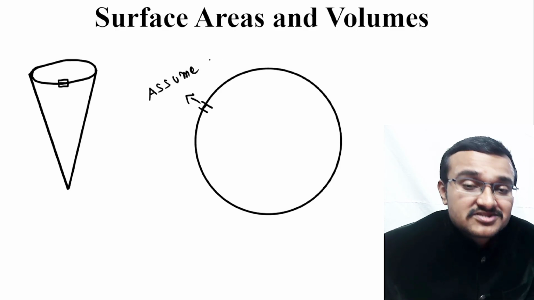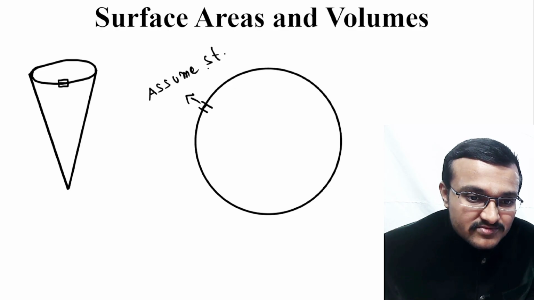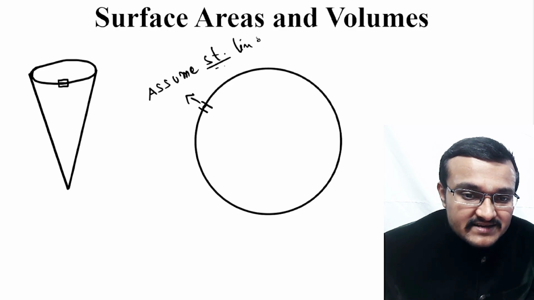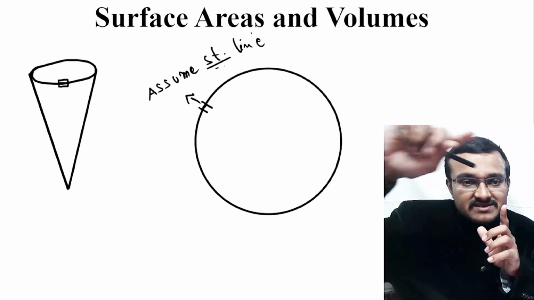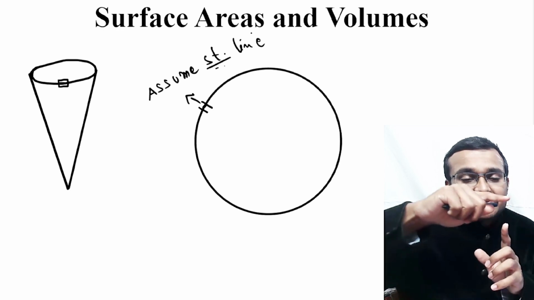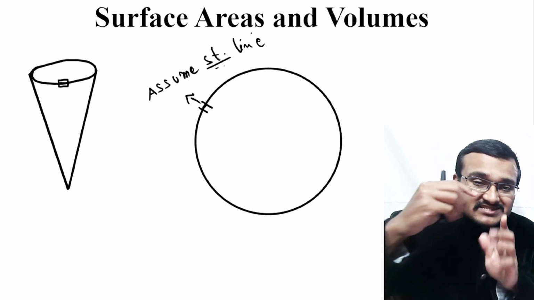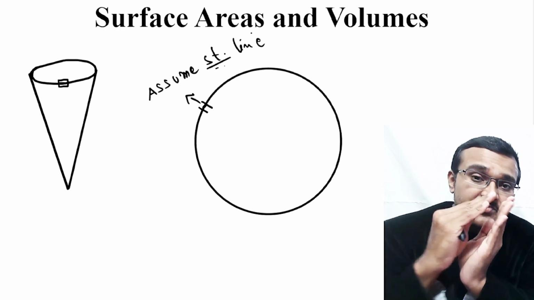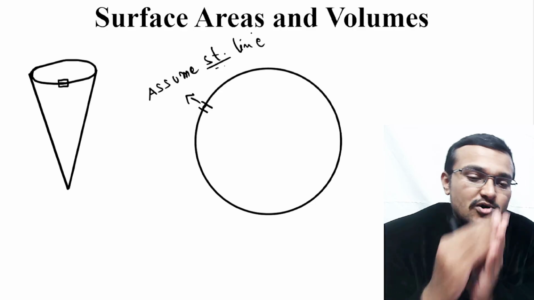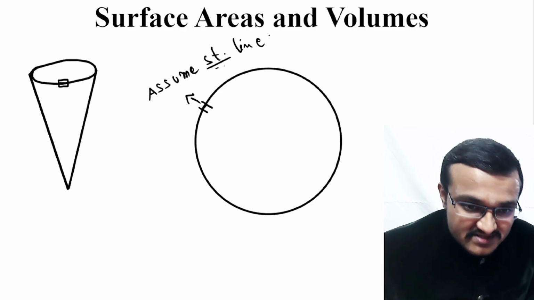We can assume this as a straight line because we are not considering the entire circular path, just a small portion of the circumference of the circle.